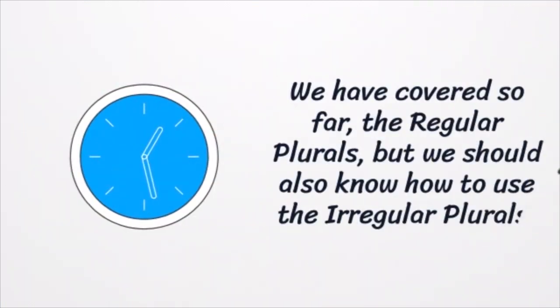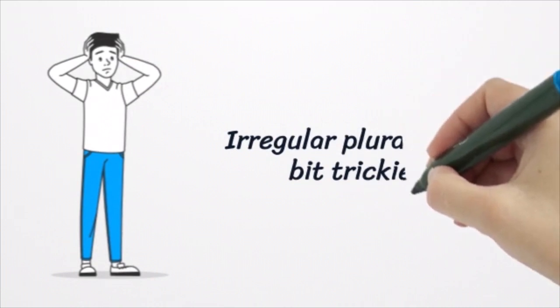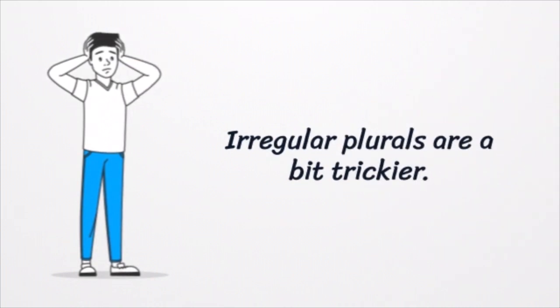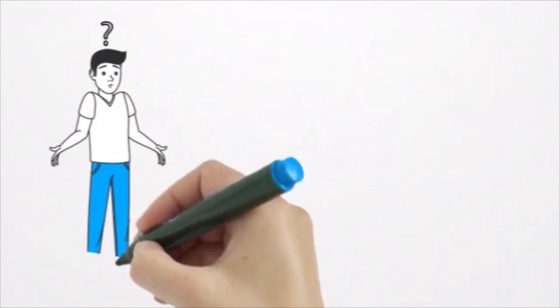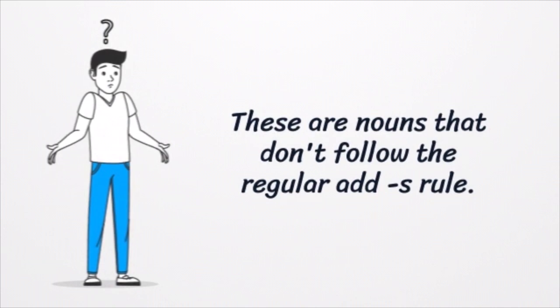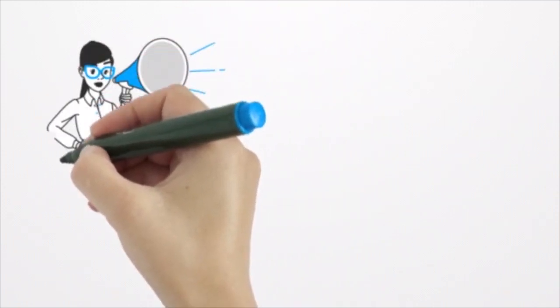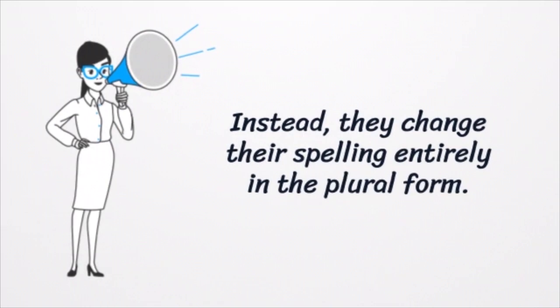We have covered so far the regular plural, but we should also know how to use the irregular plurals. Irregular plurals are a bit trickier. These are nouns that don't follow the regular add-s rule. Instead, they change their spelling entirely in the plural form.